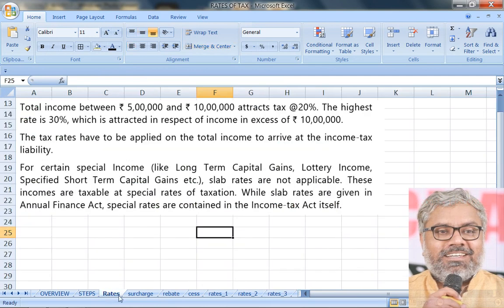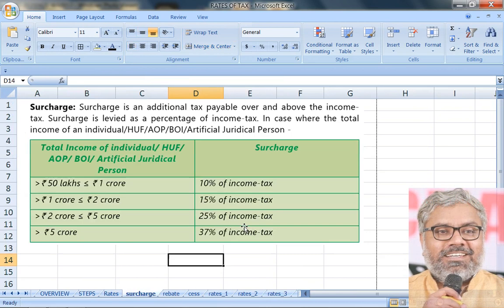In addition to these rates which were already summarized here, there are particular provisions in relation to surcharge. How much surcharge is applicable depending upon the income of the SSE, and for whom is it applicable? For all the SSEs who are individuals, HUF, AOP, BOI or artificial juridical person, if the income of that SSE is more than 50 lakhs but less than or equal to 1 crore, surcharge is 10%.